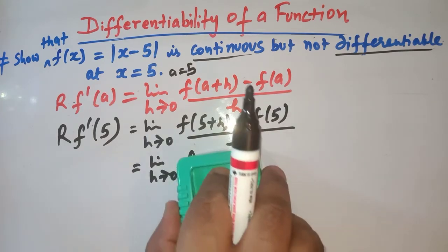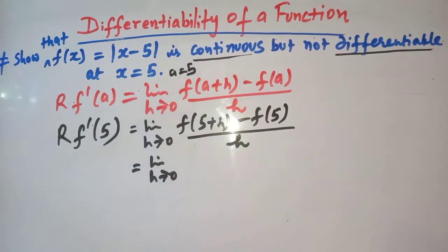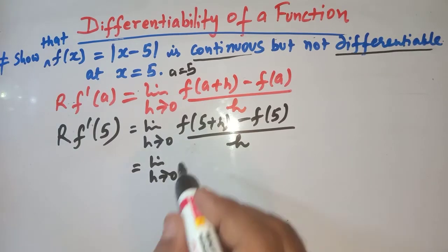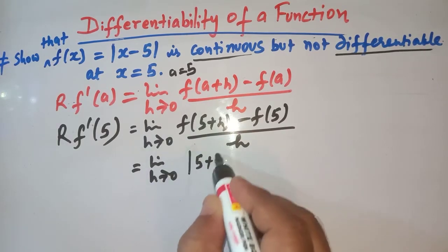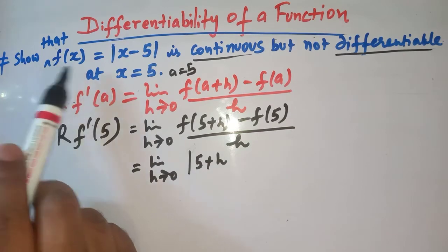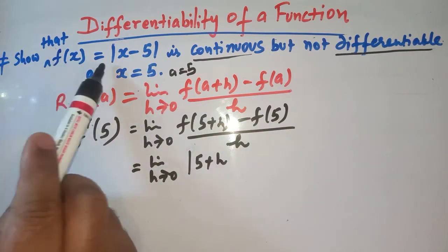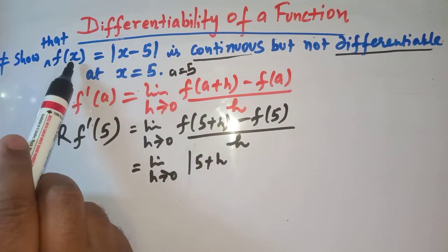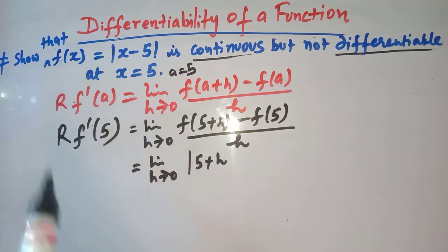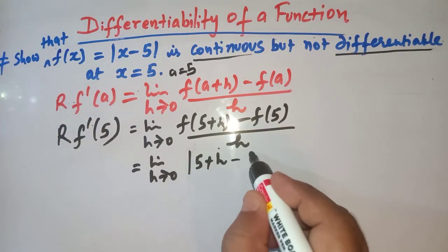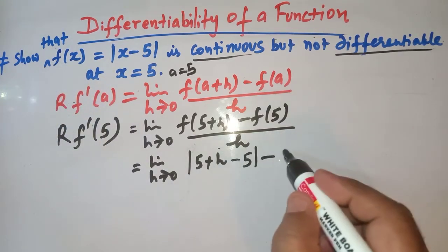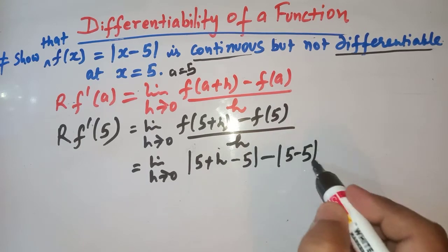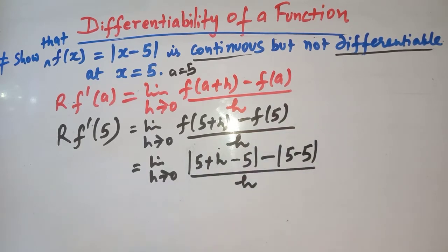Here we have f of 5 plus h is 5 plus h. F of 5 plus h is obtained from this. We'll substitute 5 plus h for x. So 5 plus h minus 5, minus f of 5, which is 5 minus 5, and we have h.